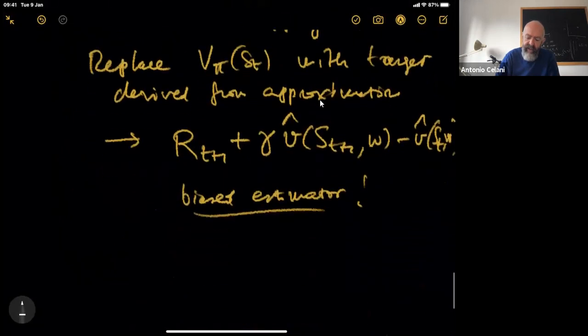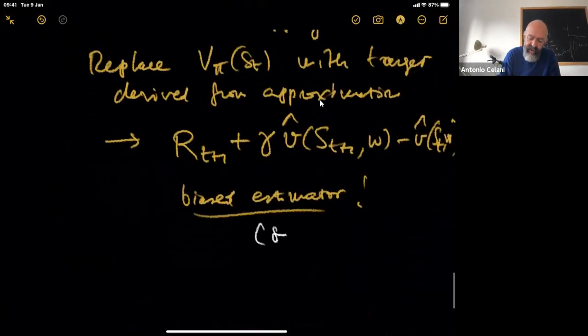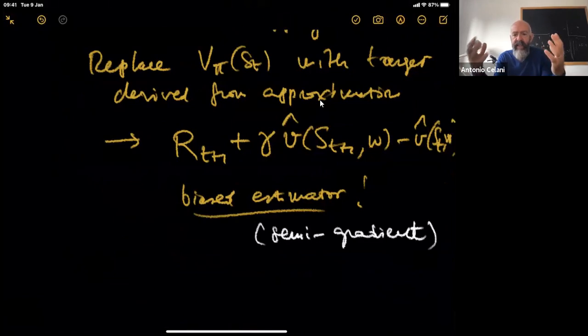So this kind of approach is also called a semi-gradient method. If you encounter the name, this means that we are deforming our estimate of the gradient by using bootstrapping. Fine.